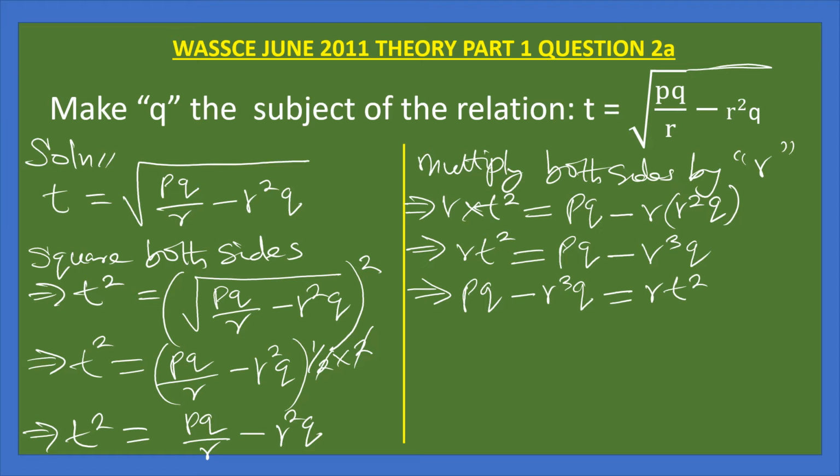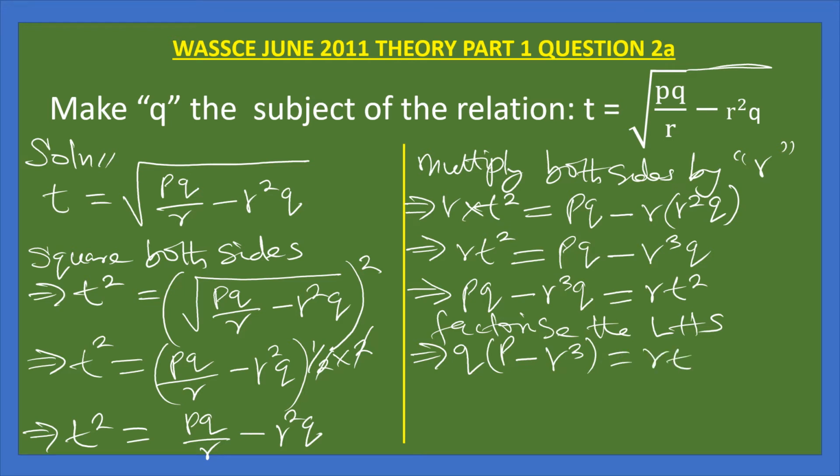We factorize the left hand side. So we now have Q into P minus R cube equal to RT squared.